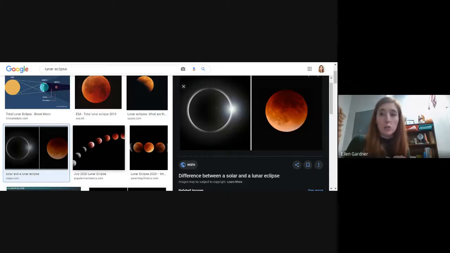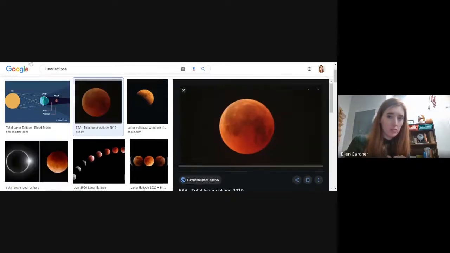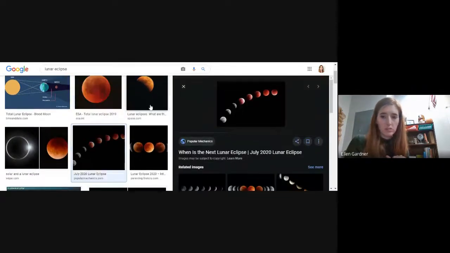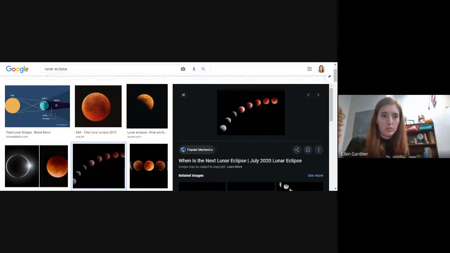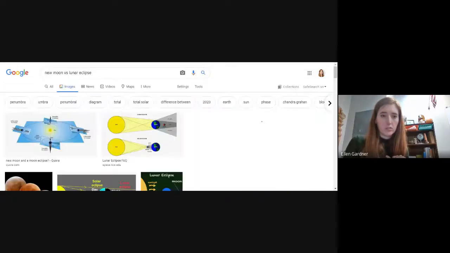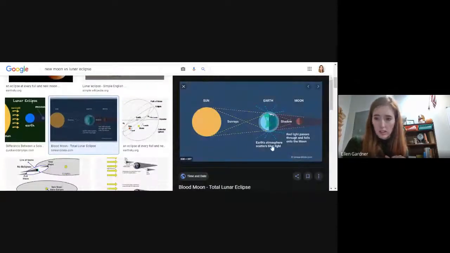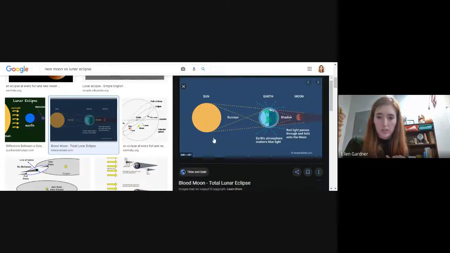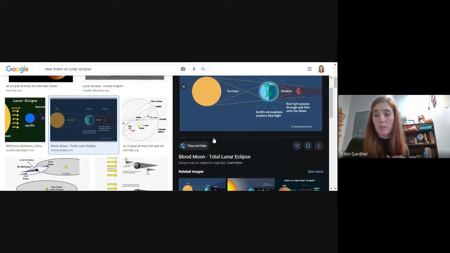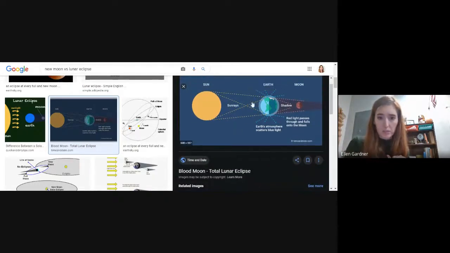So it's different than a new moon when you can't see any light at all. Instead, it becomes kind of red. Okay. And that is one type of lunar eclipse when it's called a blood moon.